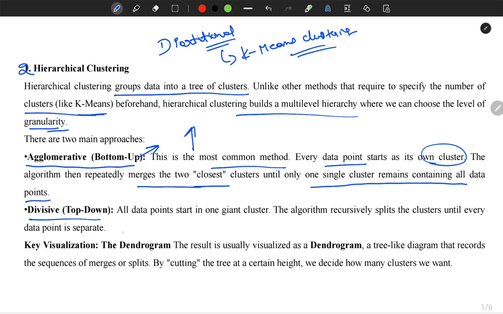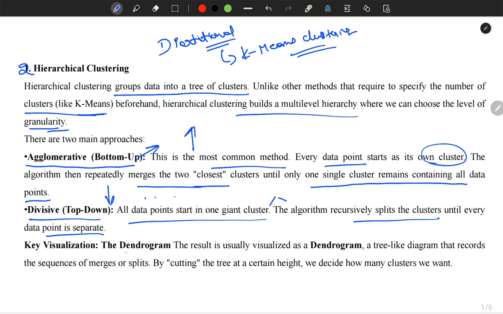In the case of divisive, that is top-down, all data points start as one big cluster. Then the algorithm recursively splits the clusters until every data point is separate. So these are the two main approaches in hierarchical clustering.